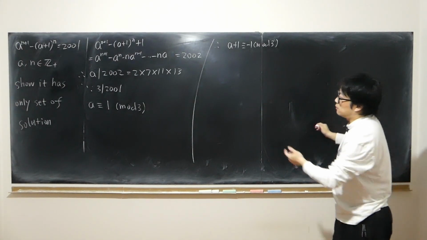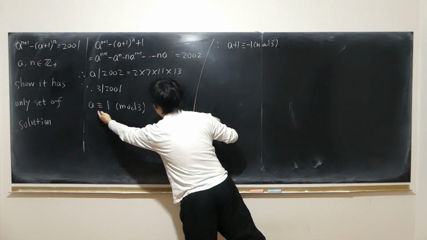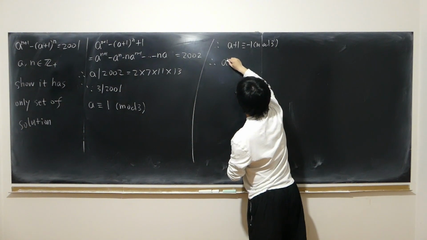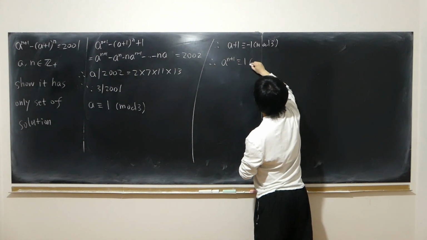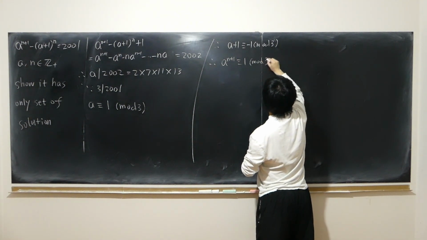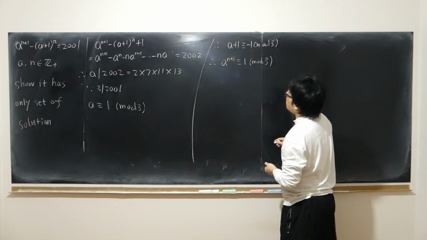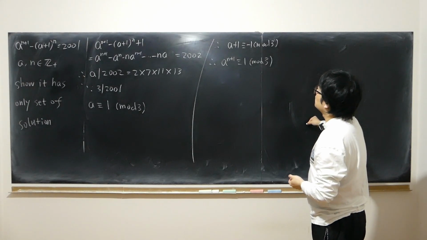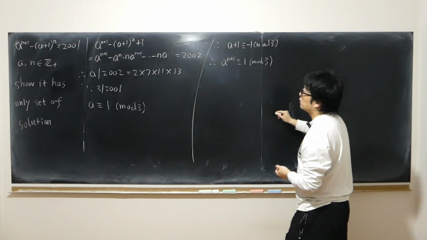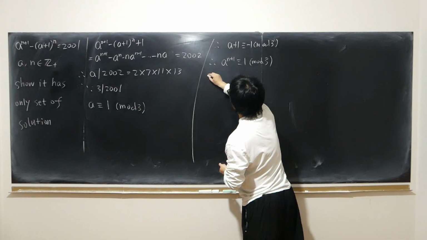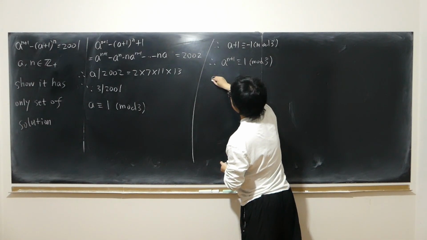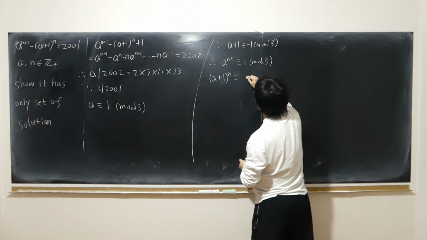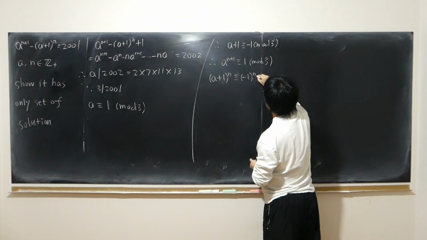Now, raising to the power n plus 1, a to the power of n plus 1 is also congruent to 1 mod 3. So a plus 1 raised to the power of n has to be congruent to negative 1 to the power of n mod 3.